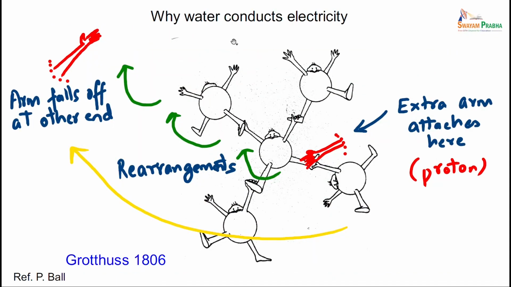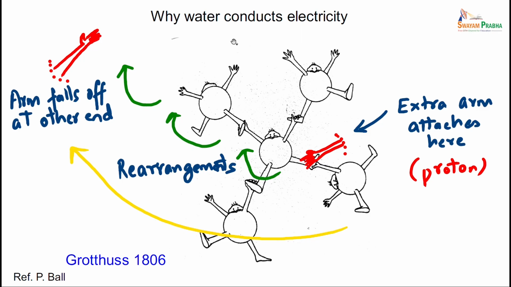The last thing I'll mention: water conducts electricity, which was discovered by Grotthuss back in 1806. And this is not due to electrons. The schematic explanation is here. As I said, there is auto dissociation of water, that is, one proton can come out, that one arm can come out.